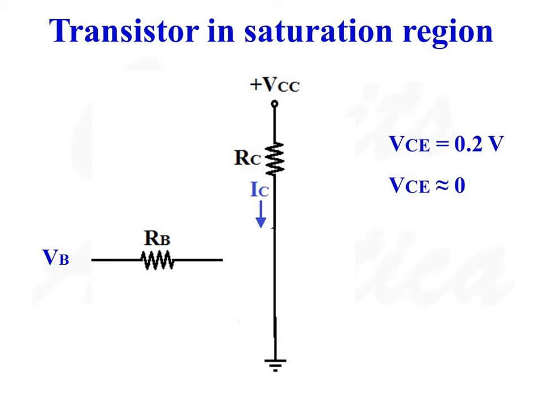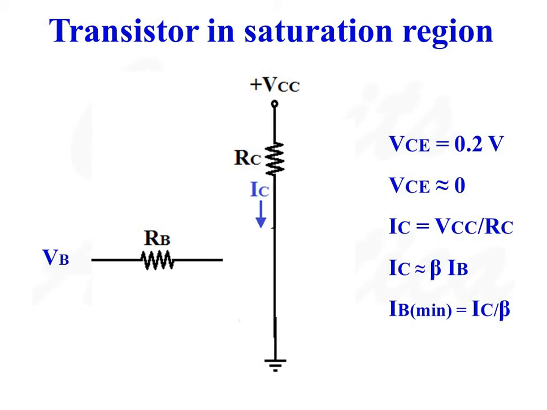So collector current IC is maximum, and it is given as IC is equal to (VCC minus VCE) divided by RC. As VCE is equal to 0.2 volt, we can approximate IC as IC is approximately equal to VCC divided by RC. And we know that collector current IC is equal to beta times base current.